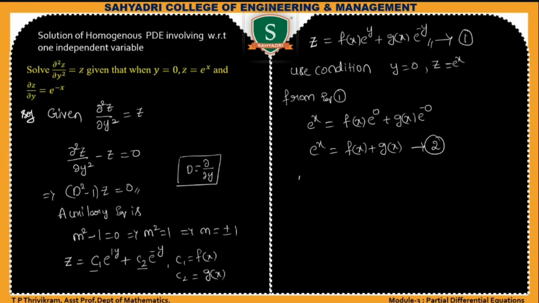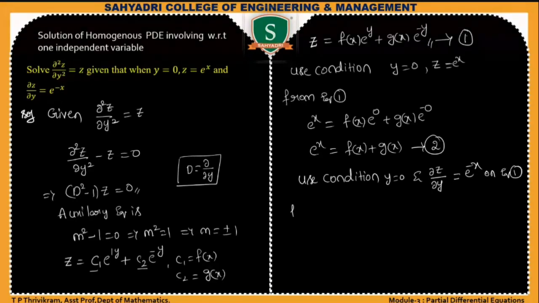Next, use the next condition. What is the next condition? Take y equal to 0 and dou z by dou y is equal to e power minus x on equation 1. So first find out what is dou z by dou y.